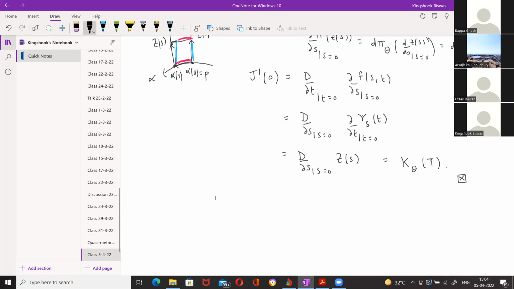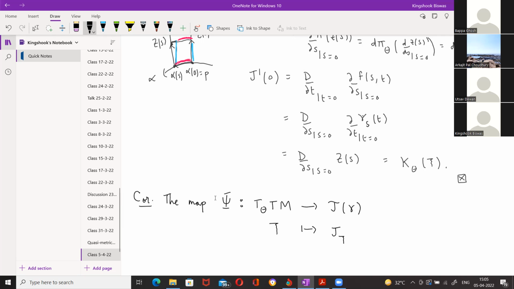So what do we get? We get that the map psi from T theta TN to J gamma, xi maps to J xi.